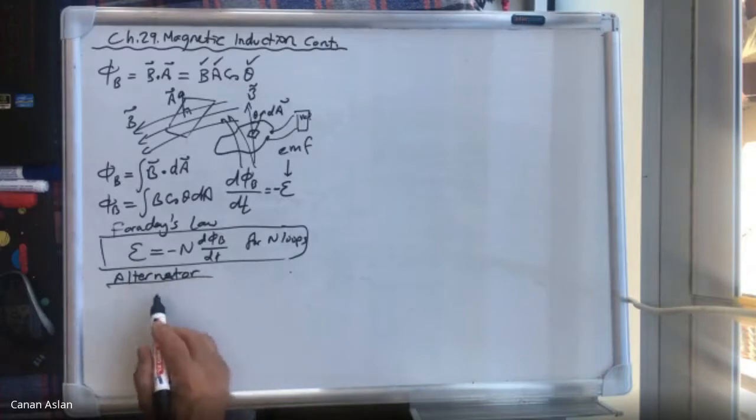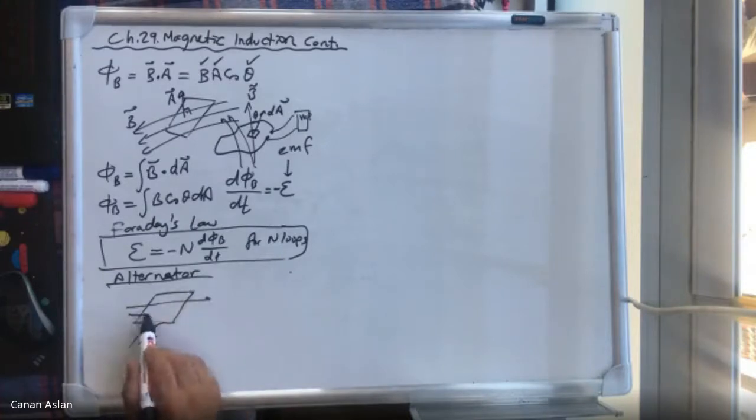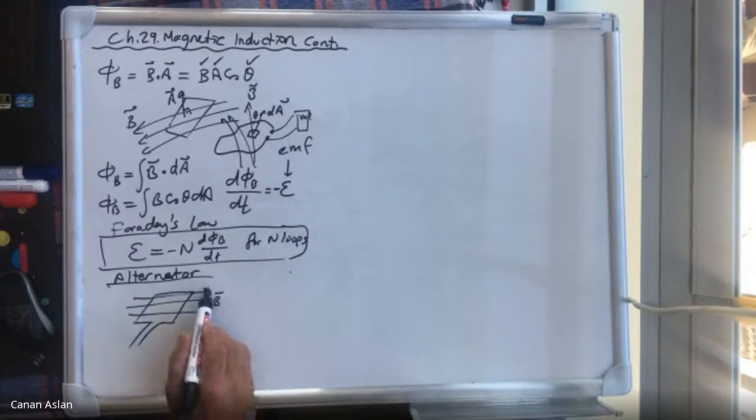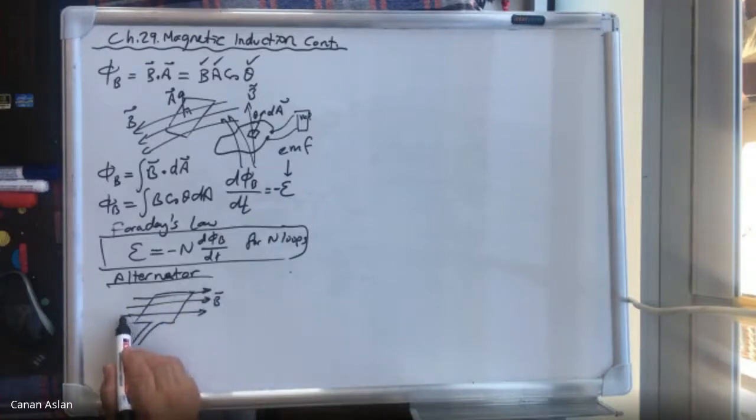In the alternator, we saw that we have this kind of loop and the magnetic field direction is given like that, probably created from some kind of permanent magnet.